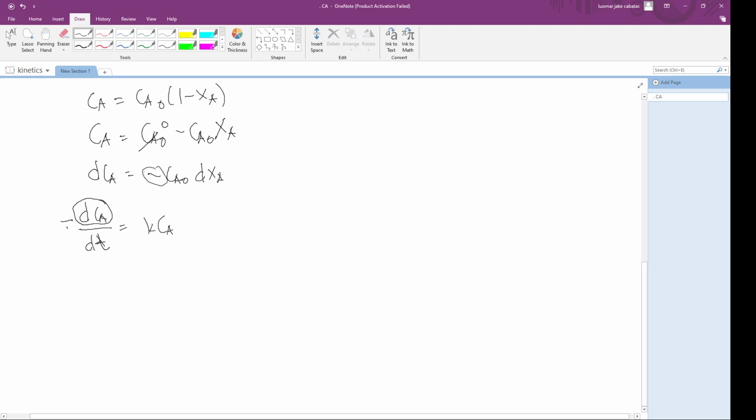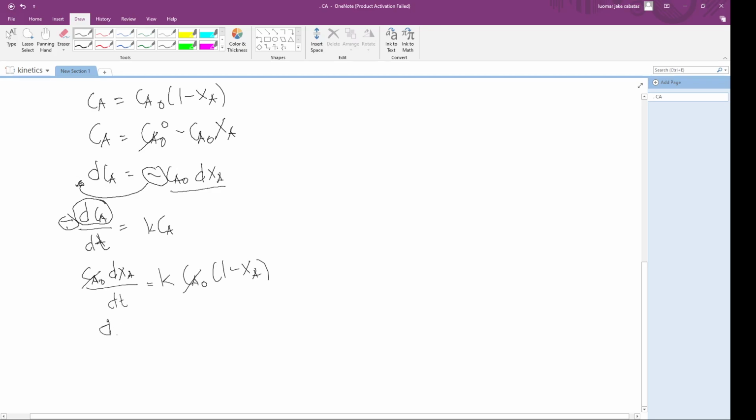Since we have a negative on both sides, we replace negative dCA with this one. We have CA0 dXA over dt is equals to k, and CA in terms of CA0 and XA is CA0 times 1 minus XA. We have CA0 on both sides, so we can cancel these out.